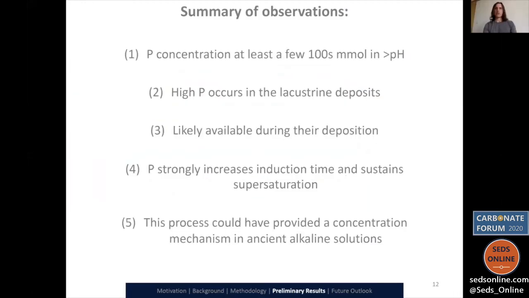Okay, just the summary of our observations. We can see that phosphate concentrations can reach up to at least a few hundred millimoles in high pH. You can see that from our model calculations.